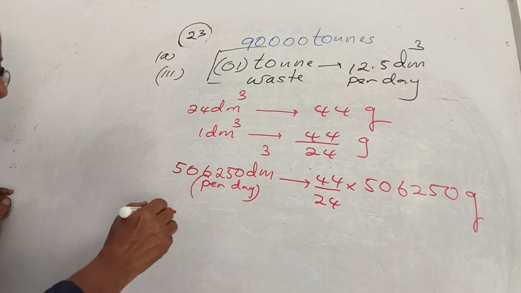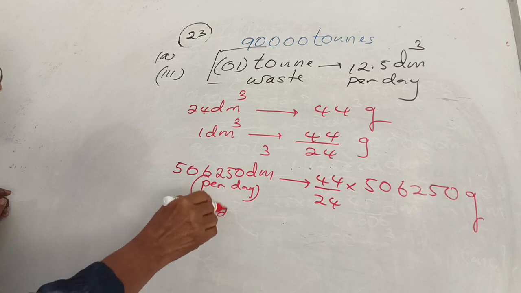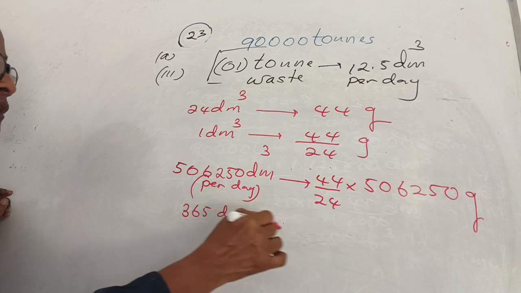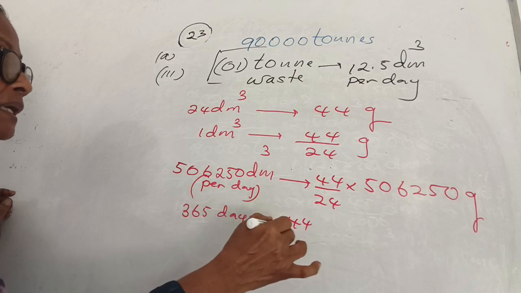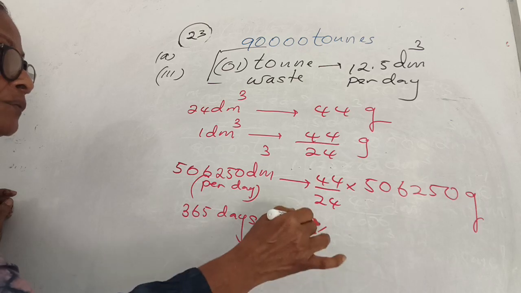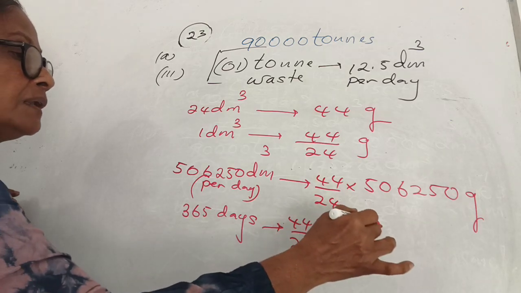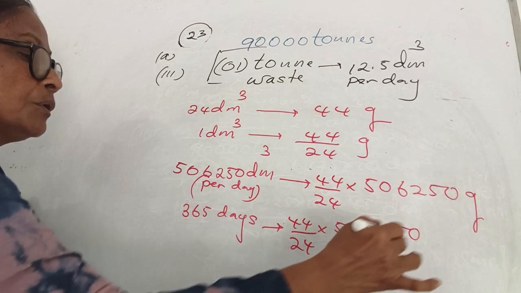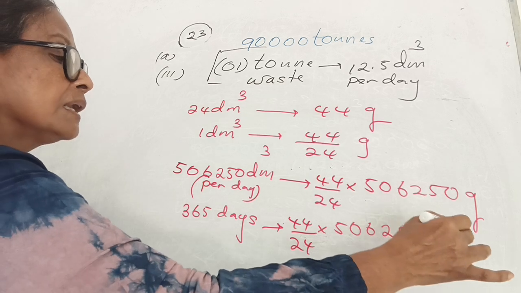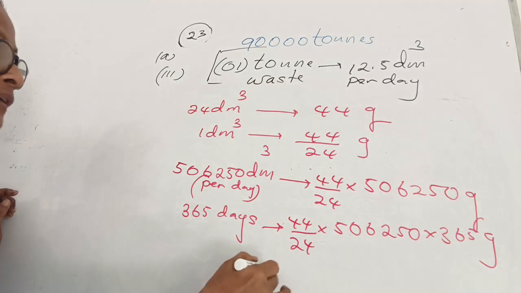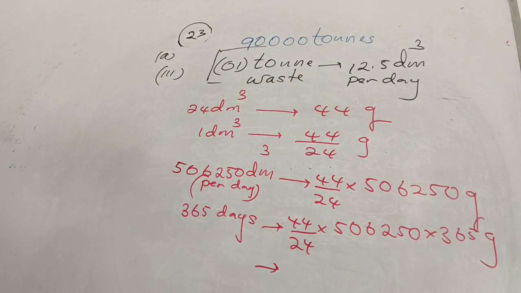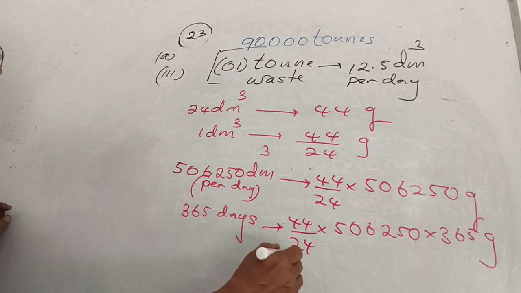Therefore, per year, with 365 days, our answer is 44 divided by 24 times 506,250 multiplied by 365 in grams. Once you sort it out, it comes to a big answer, 3.39.